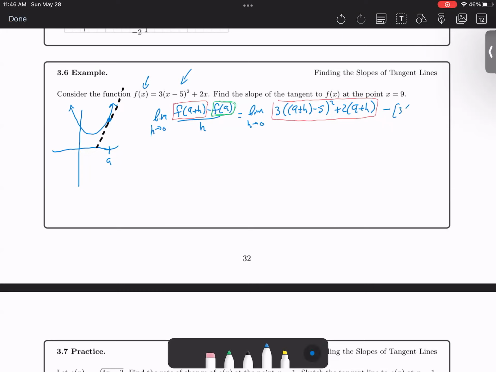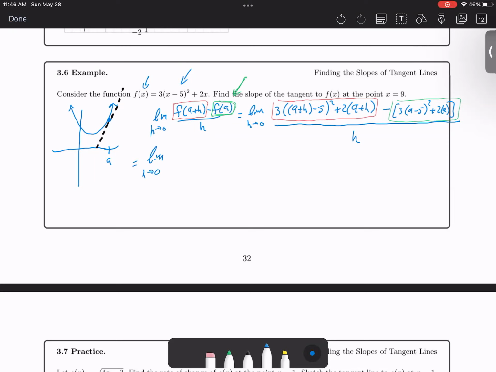That is 3 times 9 minus 5 squared plus 2 times 9. The value of that bracket is f at 9. So then you divide by h. All right, limit as h is going to get sent to 0.